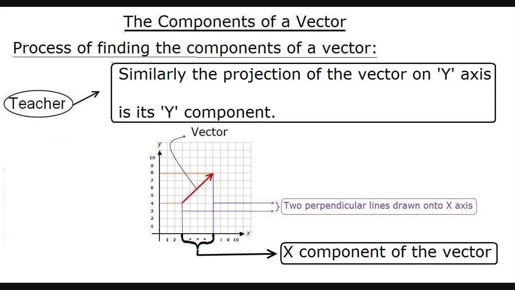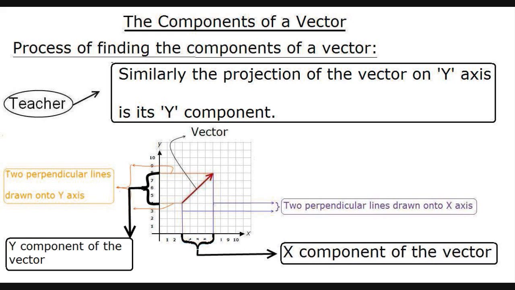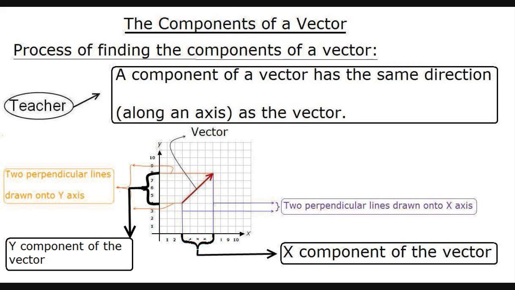Similarly, the projection of the vector on the y-axis is its y component. A component of a vector has the same direction along an axis as the vector.